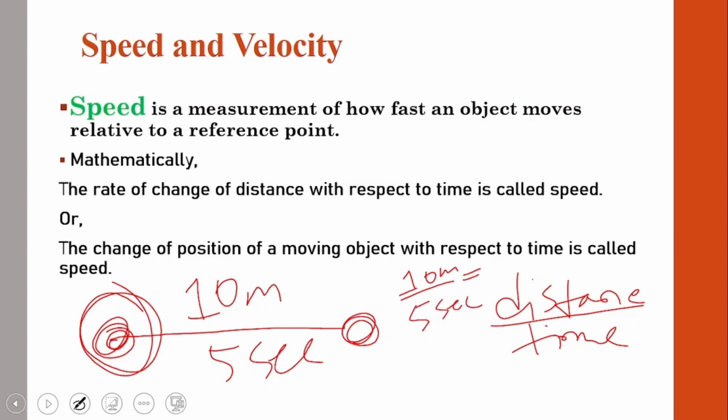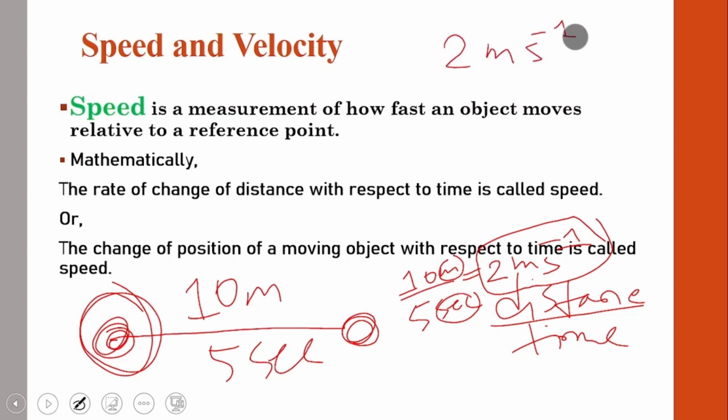So we can say its speed is 2 meter per second. Here I'm writing it out.